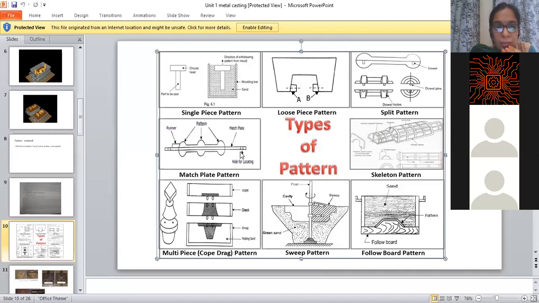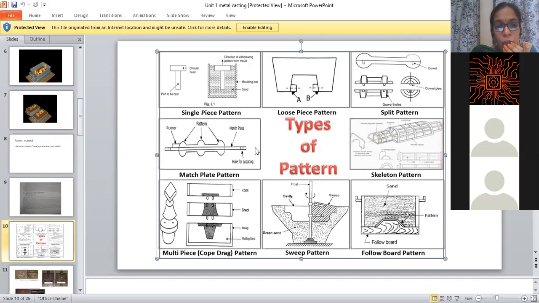Then match plate pattern. The name itself says you will have a plate. On the upper half you will have half the piece, and the other half you will have the second piece, which is already joined with the plate. You will not have loose pieces.